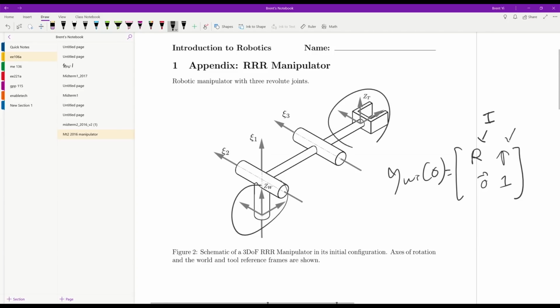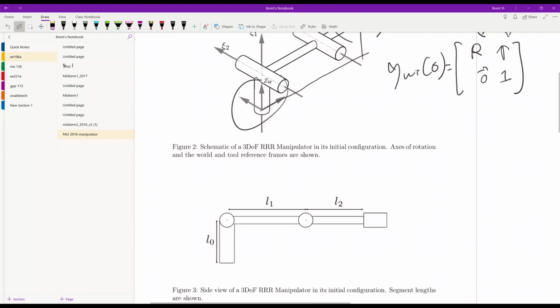Then for P, we have this translation in the x-axis, and then this upwards movement in the z-axis. And there's no translation in the y-axis. So what we should get is some value in the x, then 0 for the y, and then some value in the z. If we scroll down here a little bit, we can see that this z offset is L0, and this x offset is L1 plus L2.